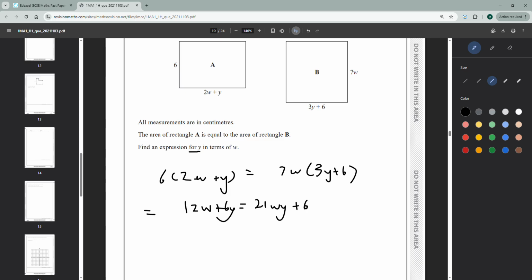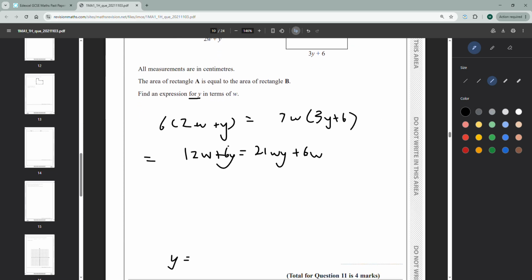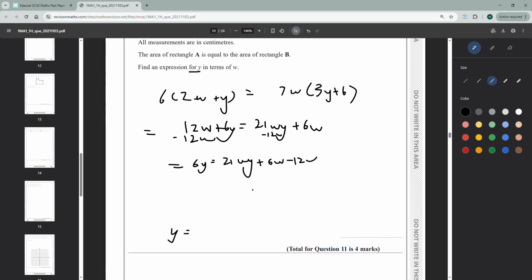Alright, what we want to do here is get the 12w on the other side, so it's just by itself. So that's gonna be 6y equals 21wy plus 6w take away 12w. Okay, that's it there. Okay, now what?